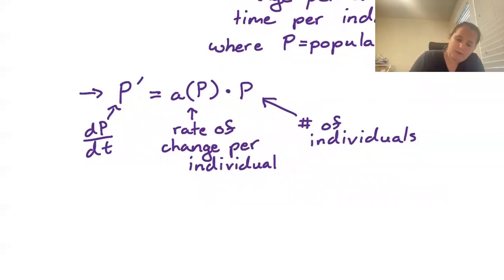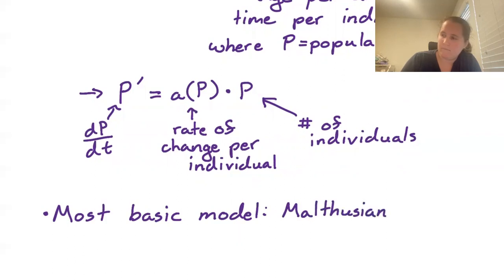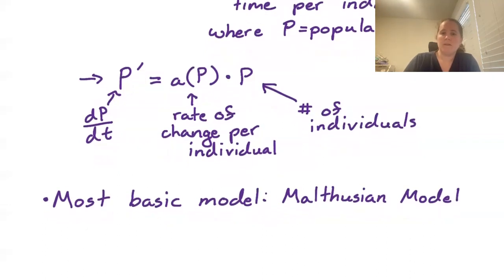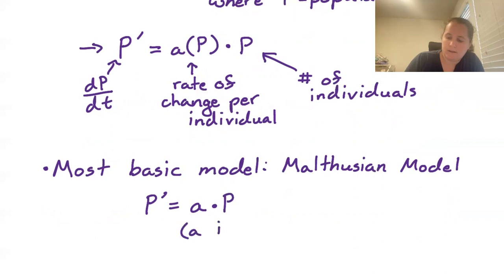So the most basic model is called the Malthusian model. And the Malthusian model is just P prime is equal to a constant A times P. So here A is a constant.